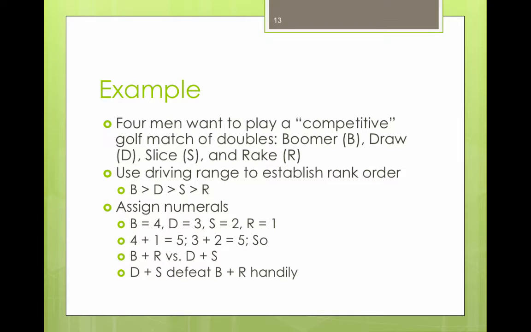For example, if you wanted to play a competitive golf match with 4 different people and you assign them letters, let's say B is way better than R and D is also really great and C is really bad, and you think, oh, I can even them out by putting B with S or D with R. That's not the case because you don't know the exact value between each of them.